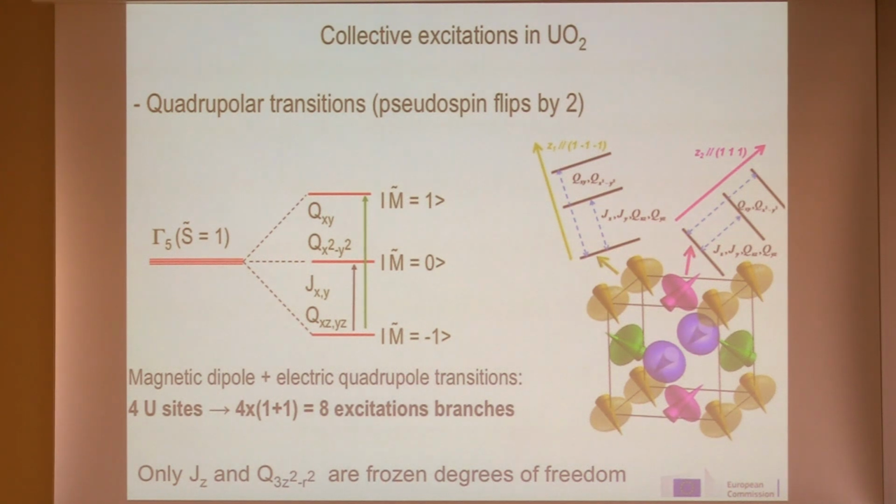So now we have to consider two single-ion transitions with 4 sites, so we have 8 excitation branches. And of the 8 degrees of freedom, only 2 are frozen, Jz and Z squared. Here, the quantization axis on each of the 4 sites is along the local one of the 111 directions.